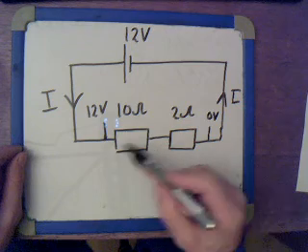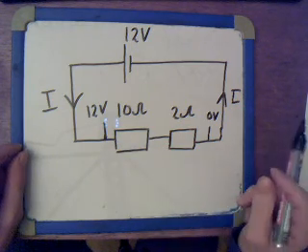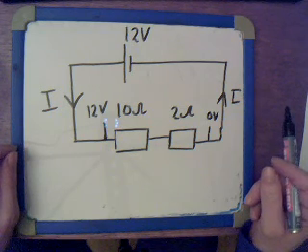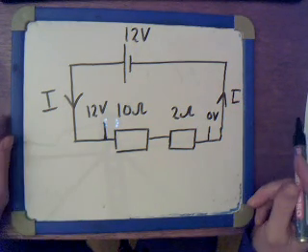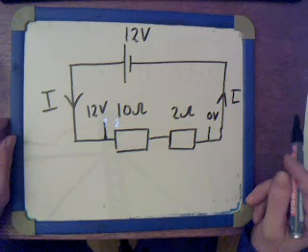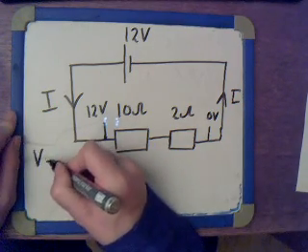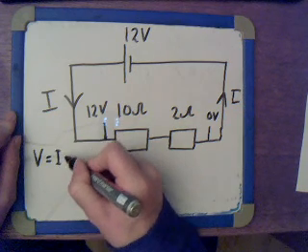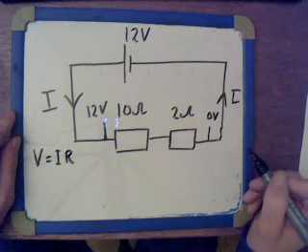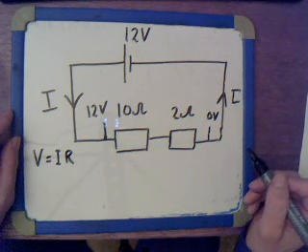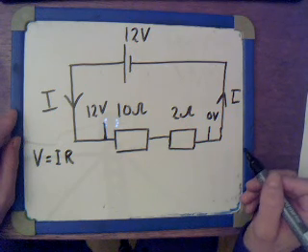Now I want to calculate the potential drop across each resistance, and compare them to see how much potential is dropped across each one. We'll stick to the method we used before, which is applying the equation V equals current times resistance. First I'm going to calculate the current going through it, and then I will calculate the voltage across each one.